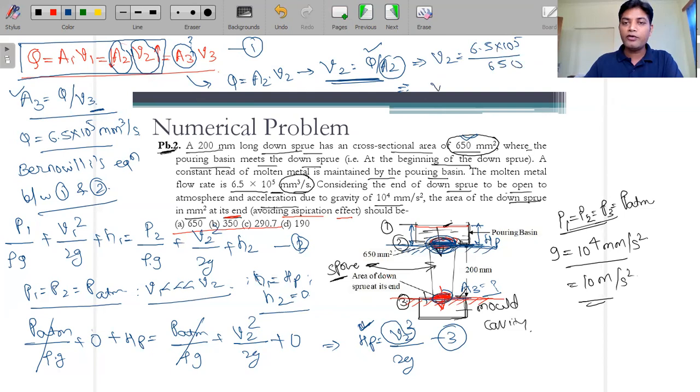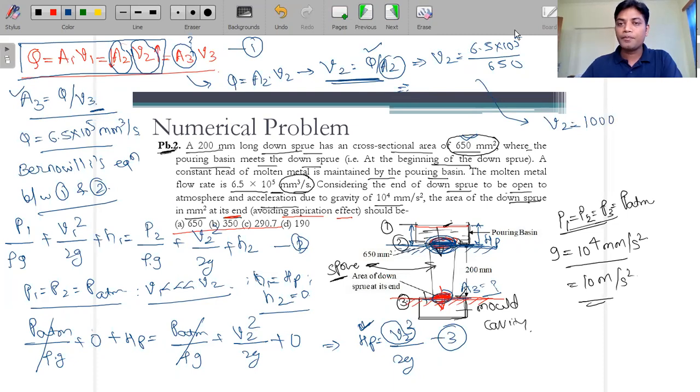Guys, can you tell me the value of V2 from here? 1000. Yes, right. Very good. So this is the 1000.